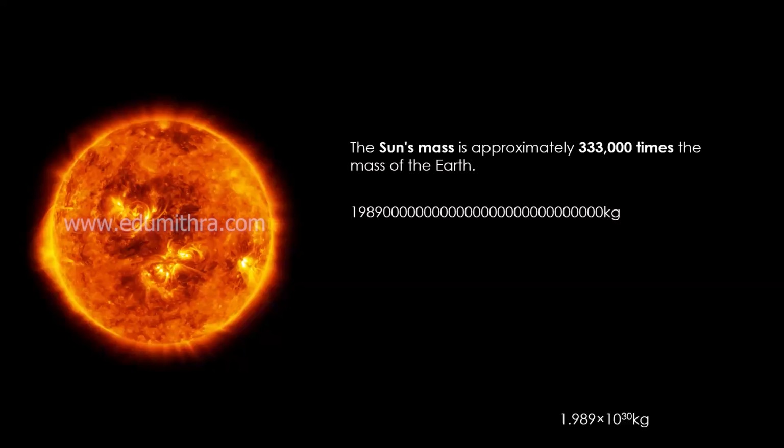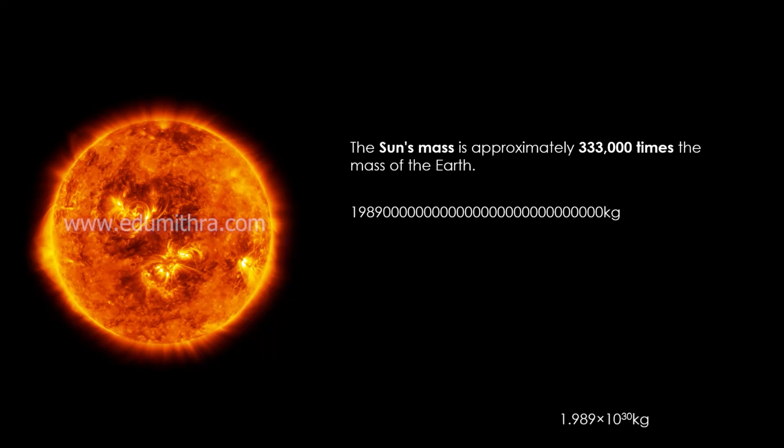Now regarding the mass of the sun, it is approximately 333,000 times the mass of Earth. Instead of saying kilograms, it is better to learn the size of things based on something we know. If you want to say the size of an elephant, we can say it is 2 times taller than a man, or 3 times taller than a child.